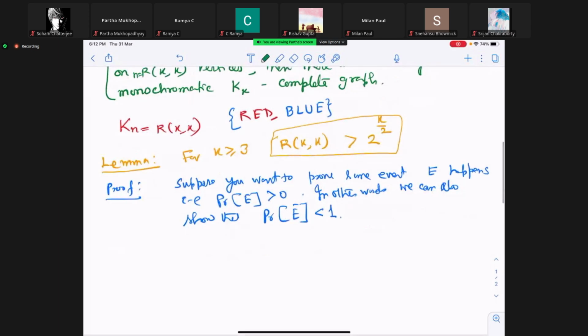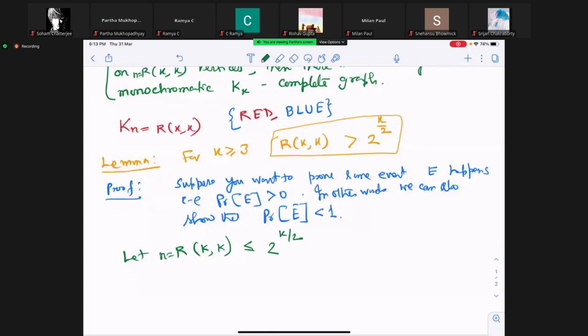So what are we trying to prove? Let's consider the value of R(k,k) to be less than or equal to 2 power k by 2. That means you start with a reasonably small graph.